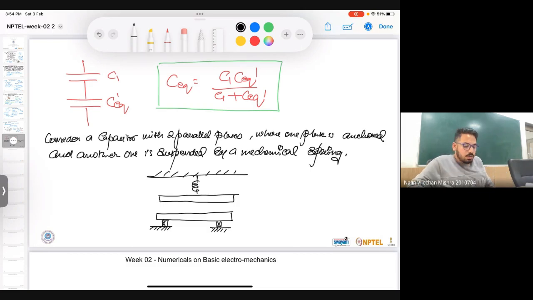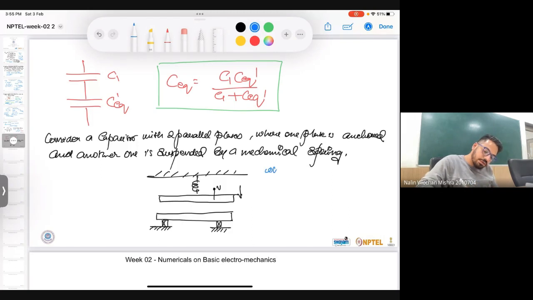Okay, so if we apply a voltage here, then increasing electric field will move the first plate in the downward direction because of the electrostatic force.